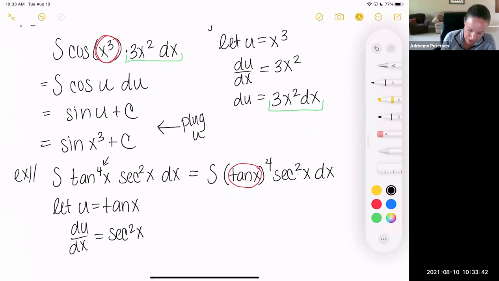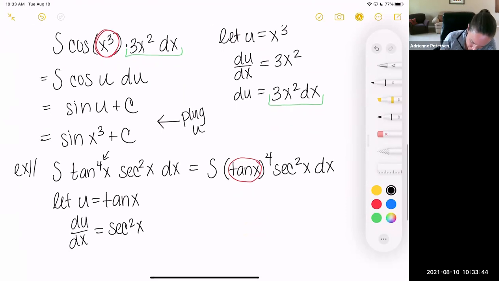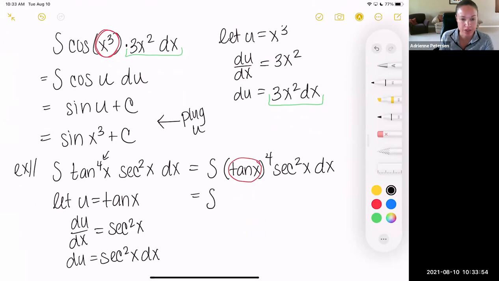The next thing we do is we separate these differentials, and I write this as du is equal to secant squared of x dx. Okay, so now what I'm going to do is rewrite my indefinite integral. Tangent of x, we let that be u, so I have u to the fourth. And then check this out, the secant squared of x dx, that's exactly equal to du.